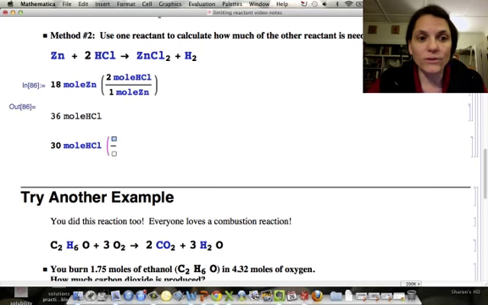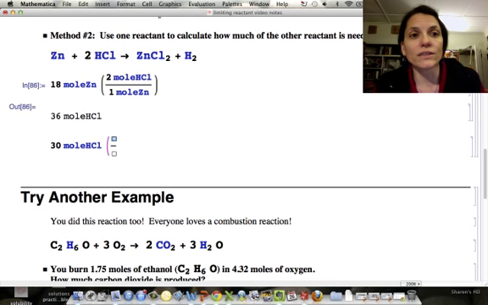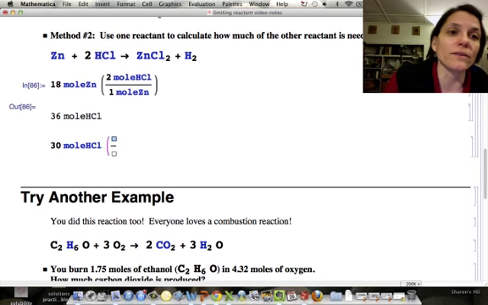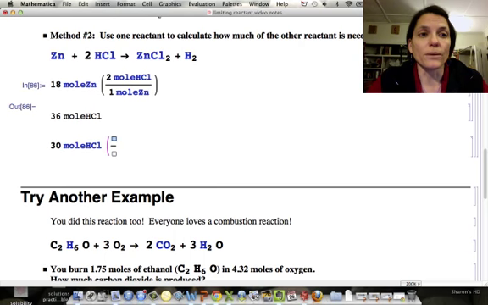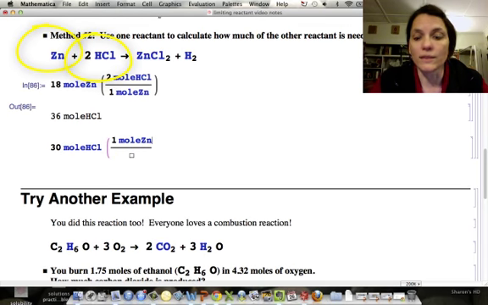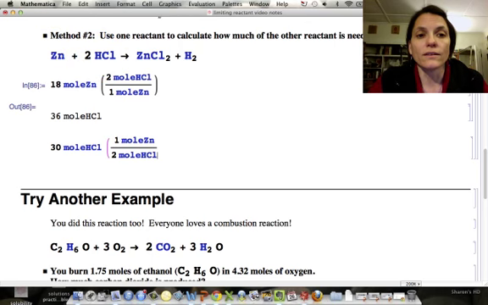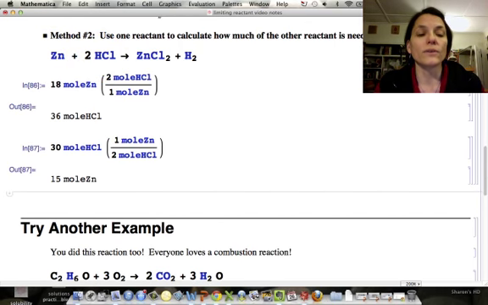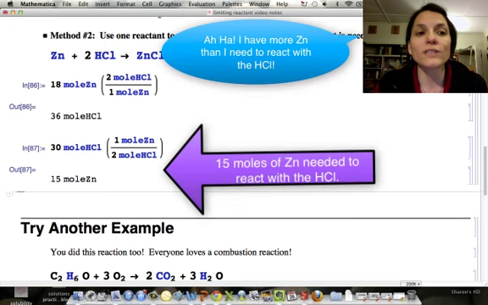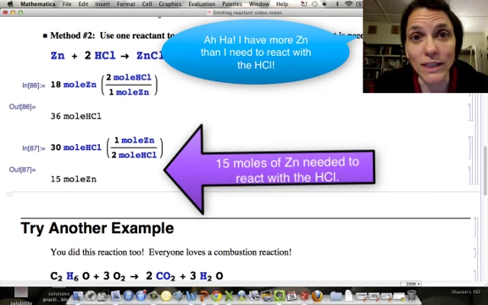Now, let's try it the other way so you can see it would work whichever reactant we started with. What if we said, how much zinc do we need to react completely with 30 moles of HCl? Well, I'm going to put 1 mole of Zn on the top, and 2 moles of HCl on the bottom. And we need 15 moles of zinc to completely react with 30 moles of HCl. If you look at the original problem, we start with 18 moles of zinc.